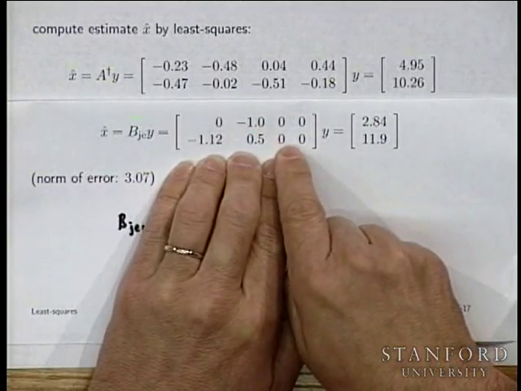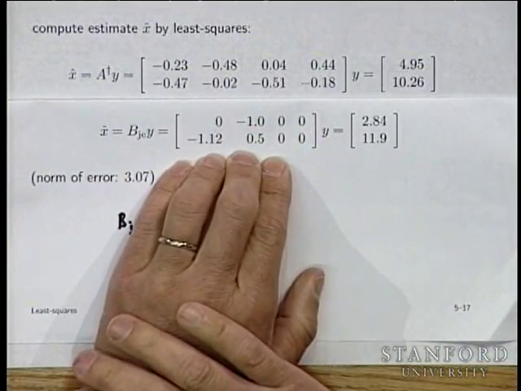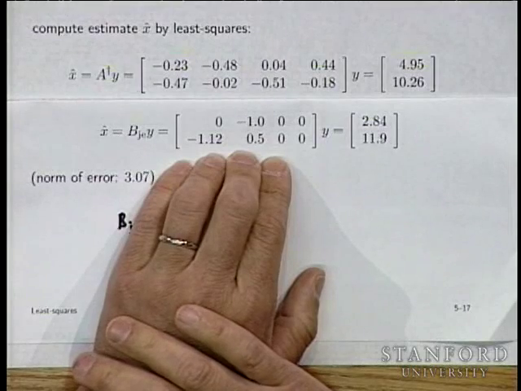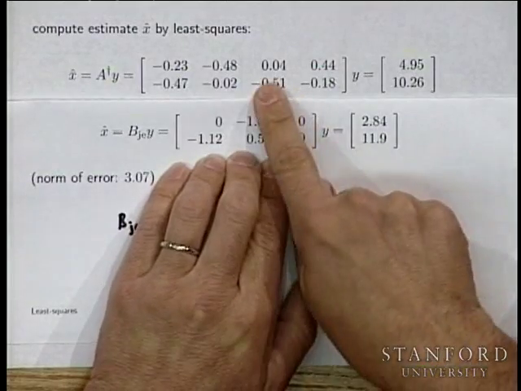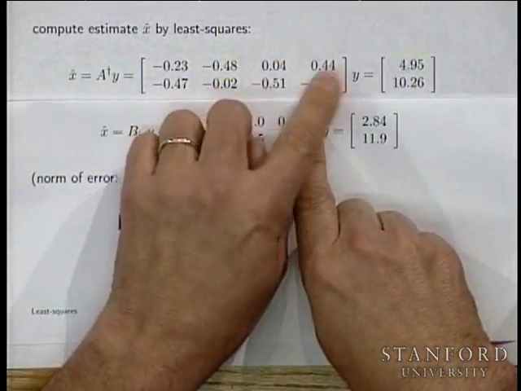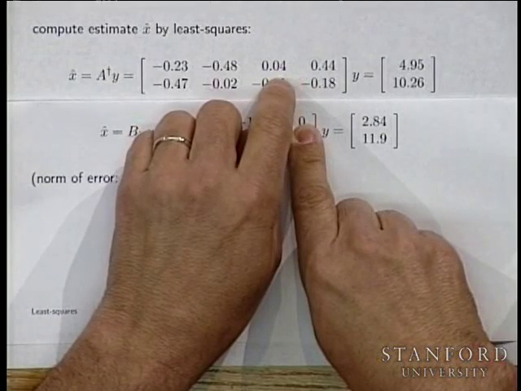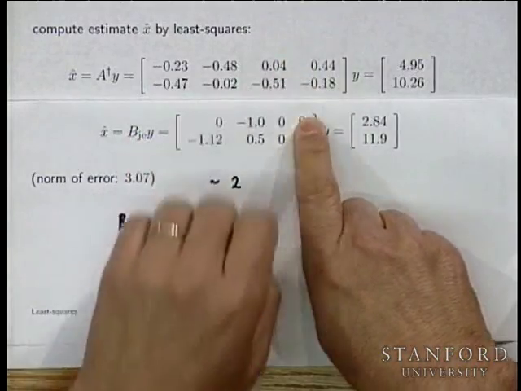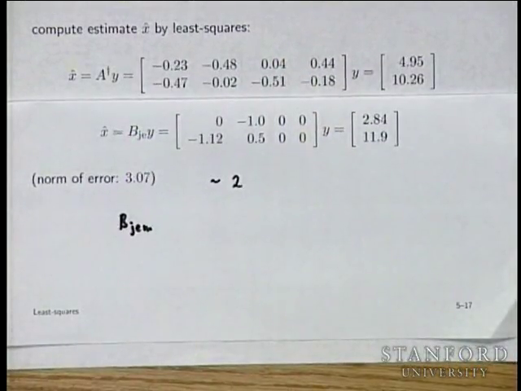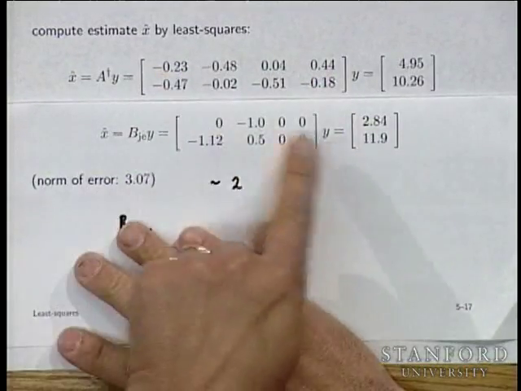This one is completely insensitive to the errors in the last 2 measurements. This one, however, if V3 or V4 is really big, you're in big trouble because of this. Okay? So it's not that simple to say that this is always a better estimator than this one.